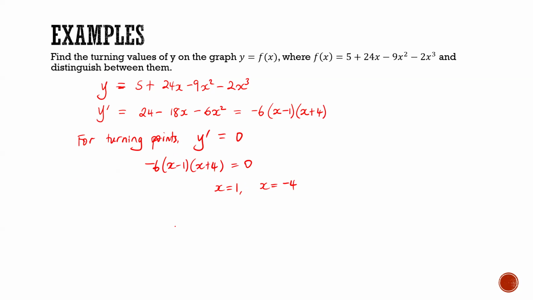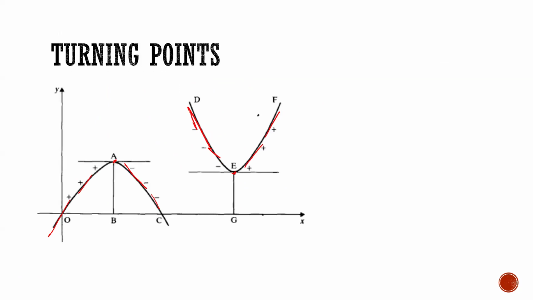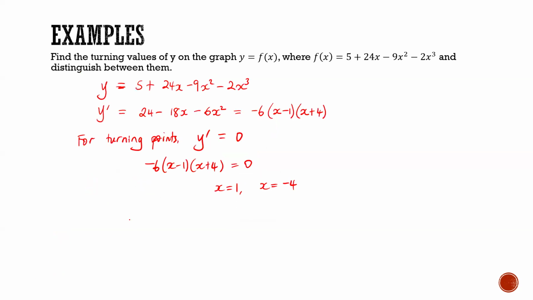Now to determine whether it's a maximum or minimum, we use the fact that for a maximum, to the immediate left of that point, the gradients of the tangents are positive, and to the immediate right, the gradients of the tangents are negative. The converse is true for a minimum point.